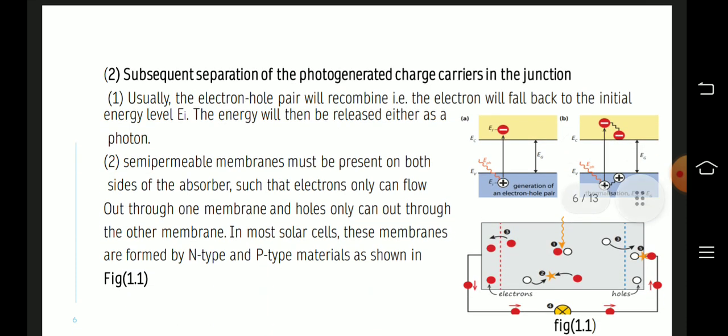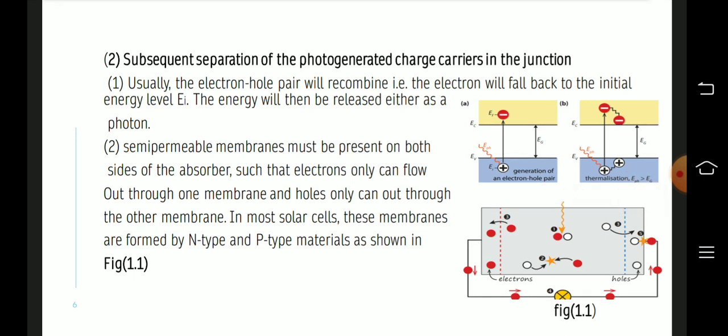The next process is subsequent separation of photo-generated charge carriers in the junction. Electron-hole pairs will recombine, the electron will fall back to the initial energy level. We know that if we make photons incident on the solar cell, the electrons jump from the valence band to the conduction band, and after some time electrons come back to the initial state, and electrons release the energy in the form of photons.